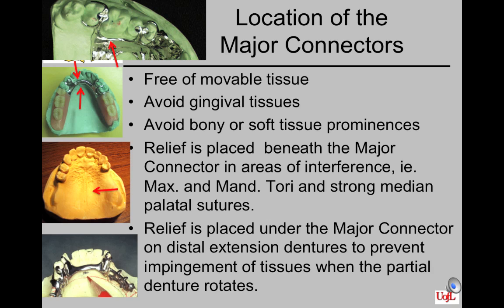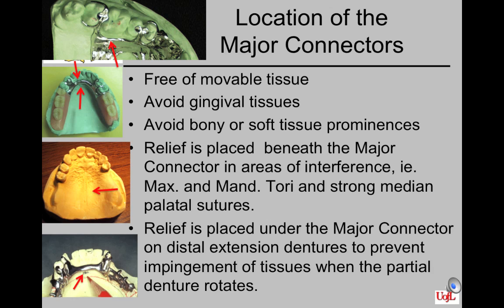When we have a less pronounced torus or a strong median palatal suture, we place a slight spacer in the area of that torus called relief when the framework is fabricated, to provide less pressure on the bony area under function.